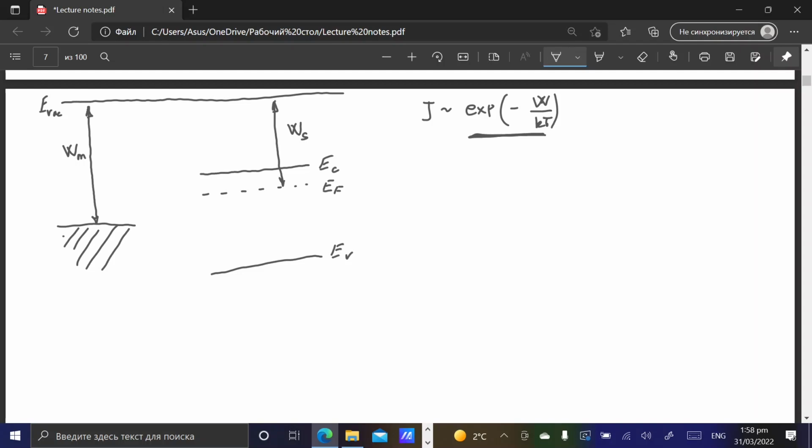If we take a difference between these fluxes, there will be some net residual flux, resulting in a flux from the semiconductor to the metal.